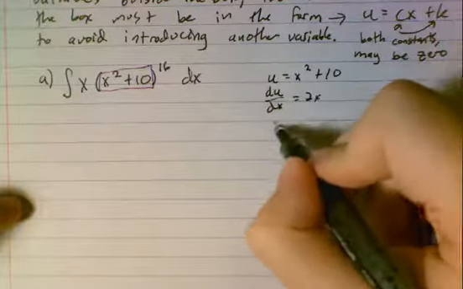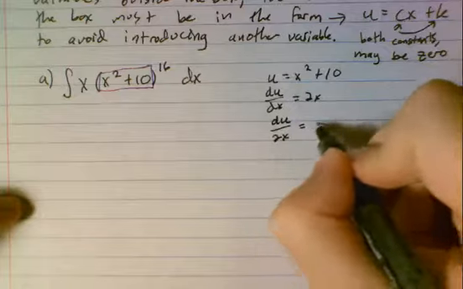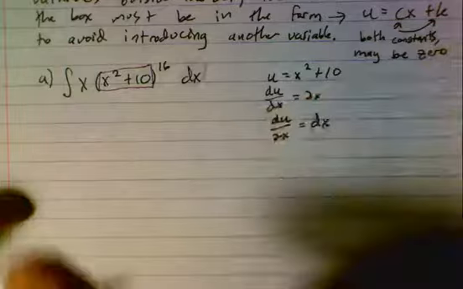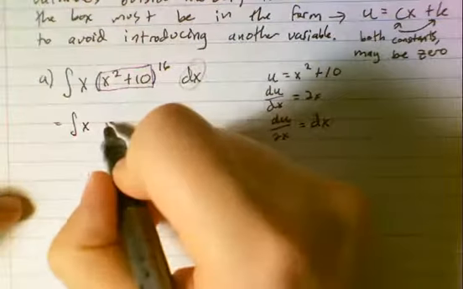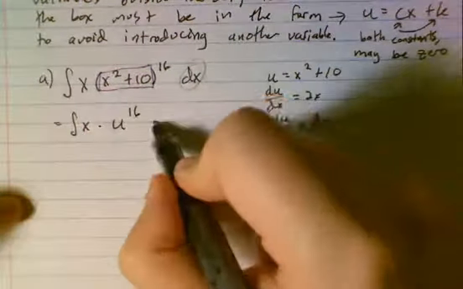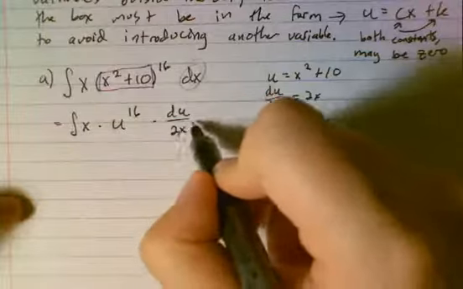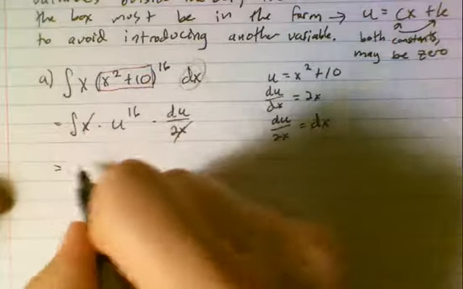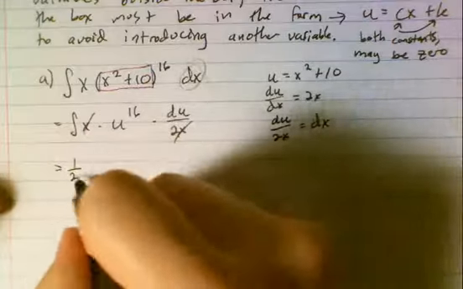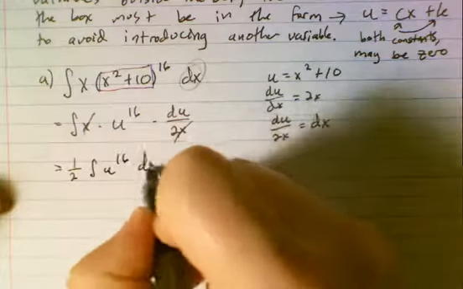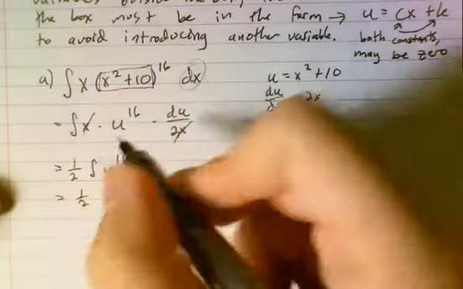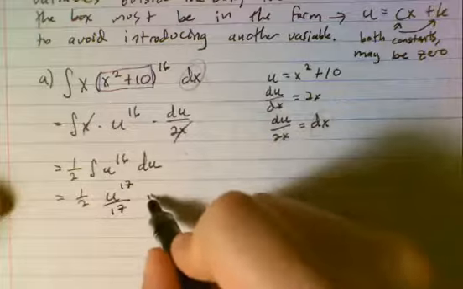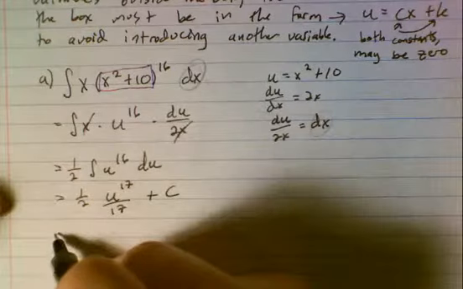du dx equals 2x. du over 2x equals dx, so we'll go ahead and substitute that in there. Those x's cancel out. This 2 in the denominator is 1/2. So we increase the exponent by 1, divide by the new exponent, add plus c.